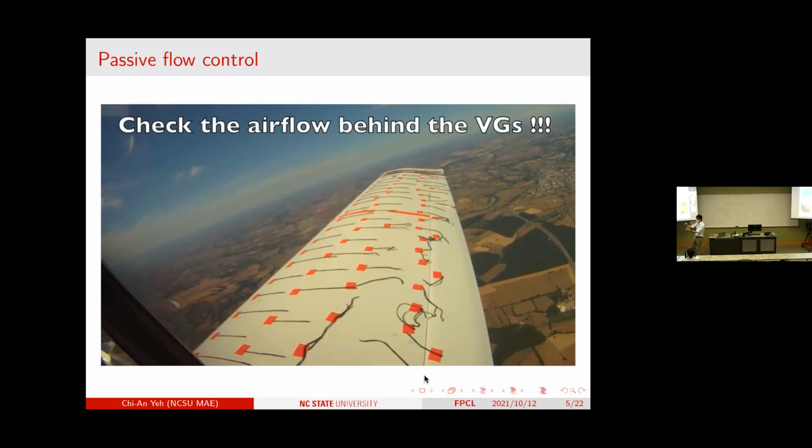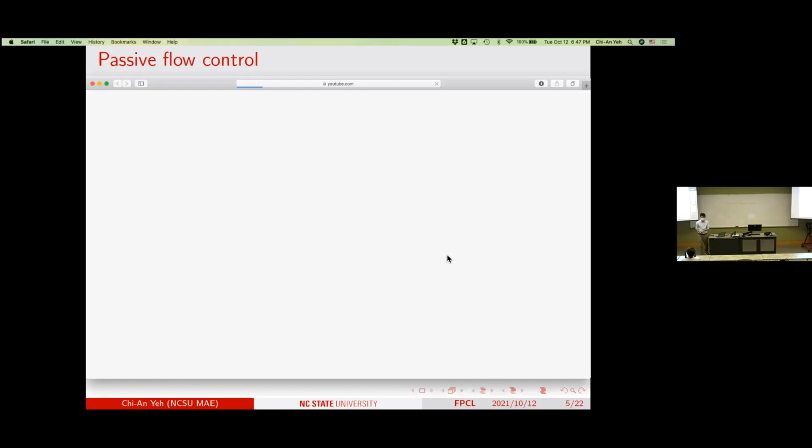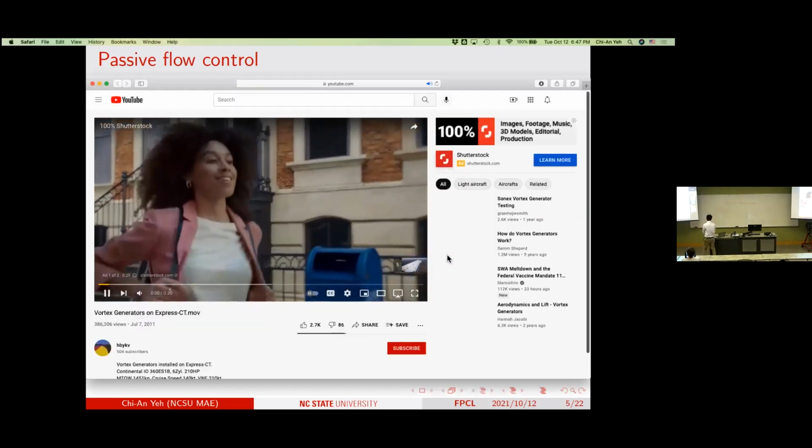So in this higher angle of attack flight, you see how the strips are getting really turbulent because of the flow separation, right? But see what's on the top, flows are really just attached to the surface. That's a good flow behavior. That's something you want. This is again the passive flow control, but really you can see how well it works.